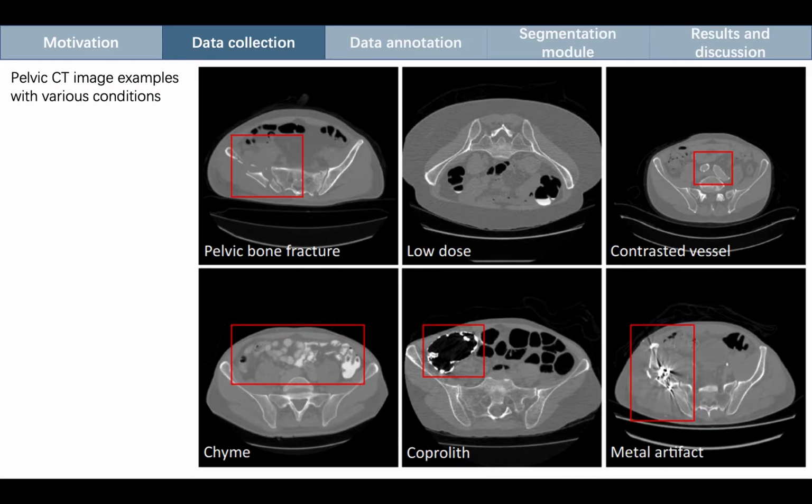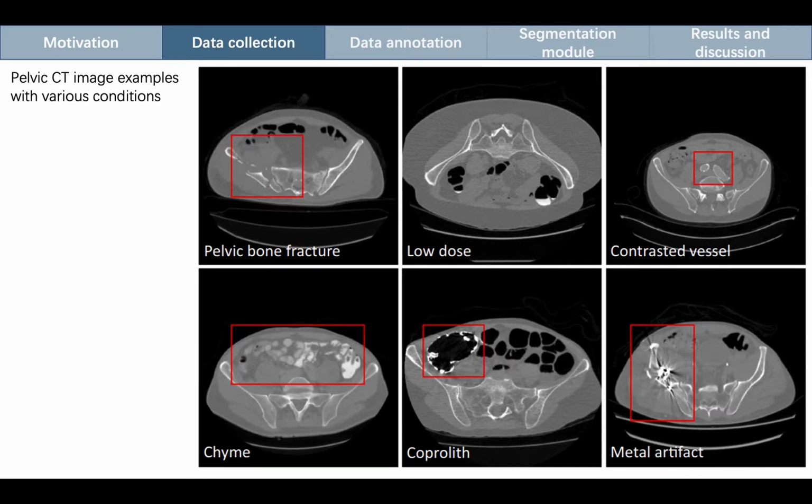The next is data collection. To build a comprehensive dataset, we have to deal with diverse image appearance variations, like different image resolution, different field of view, and domain shift arising from different sites, or the presence of contrasted vessels, the colon, bone fractures, lesions, and metal artifacts.